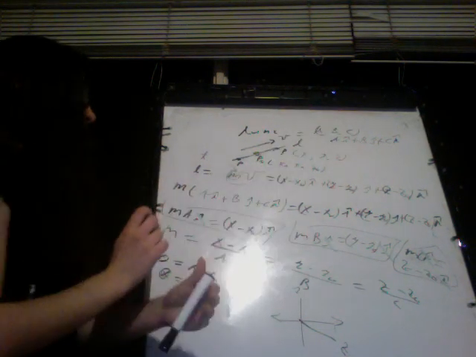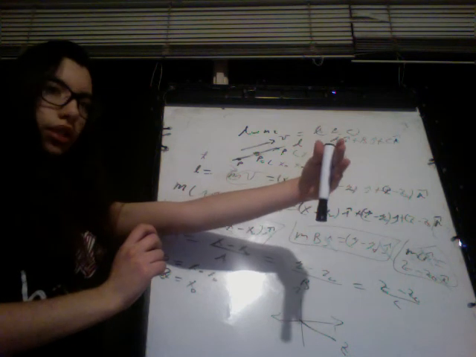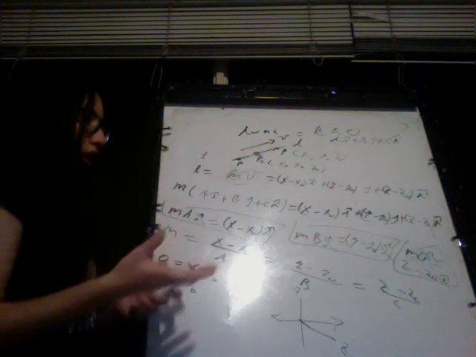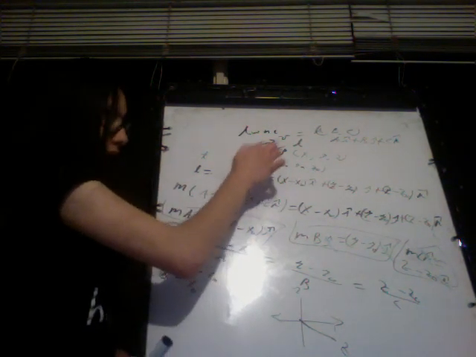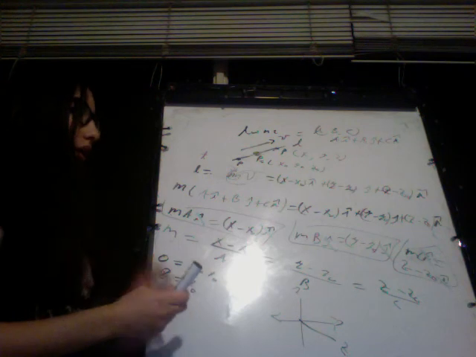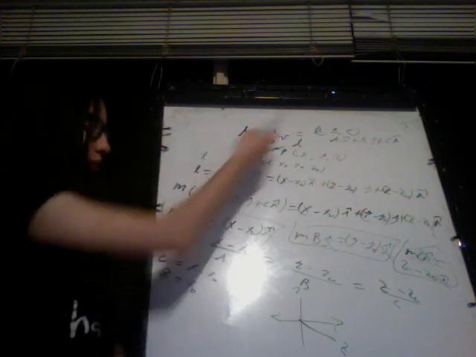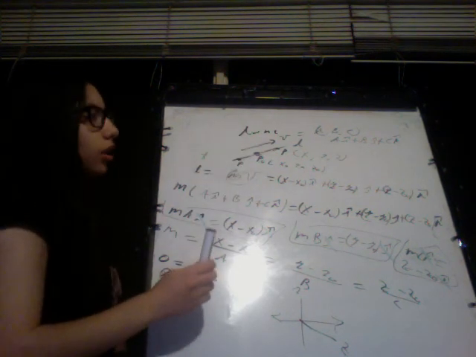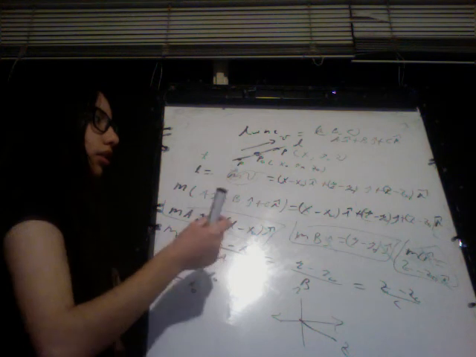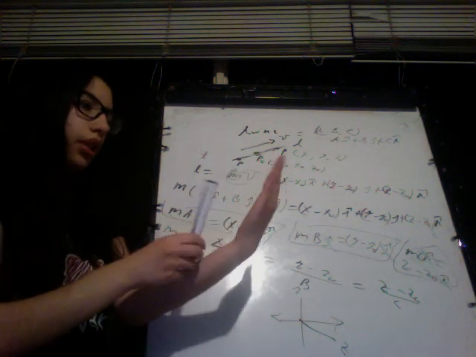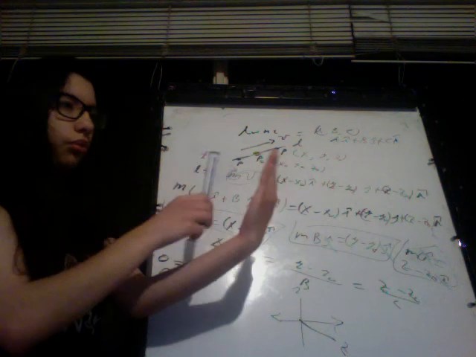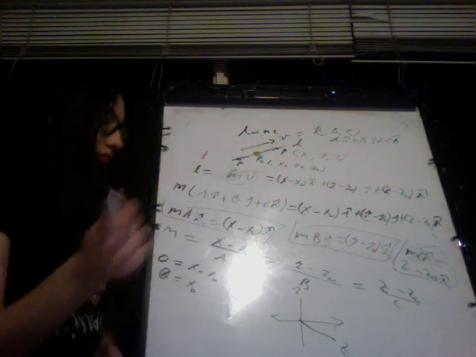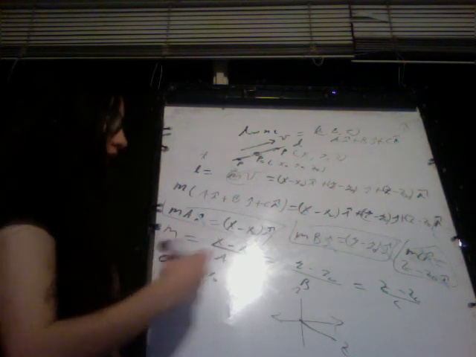That is because the A component of this vector was 0, and we know that our line is parallel to this vector, and we know the coordinates of the point P naught. So this line is perpendicular to the x axis and lies in the yz plane.